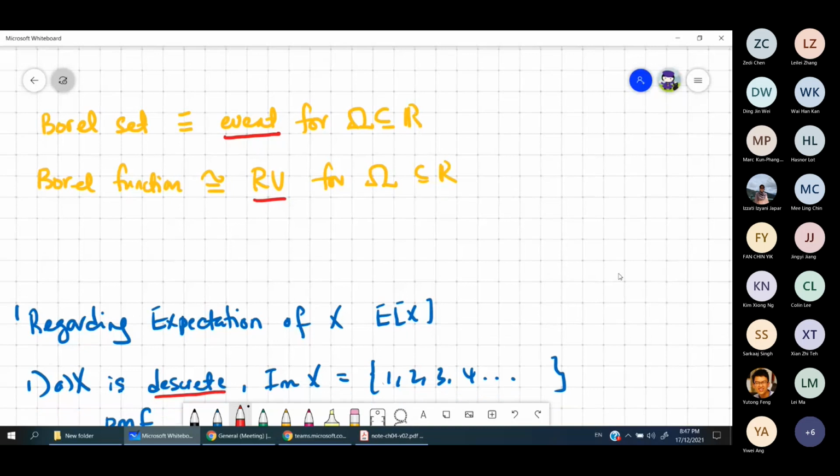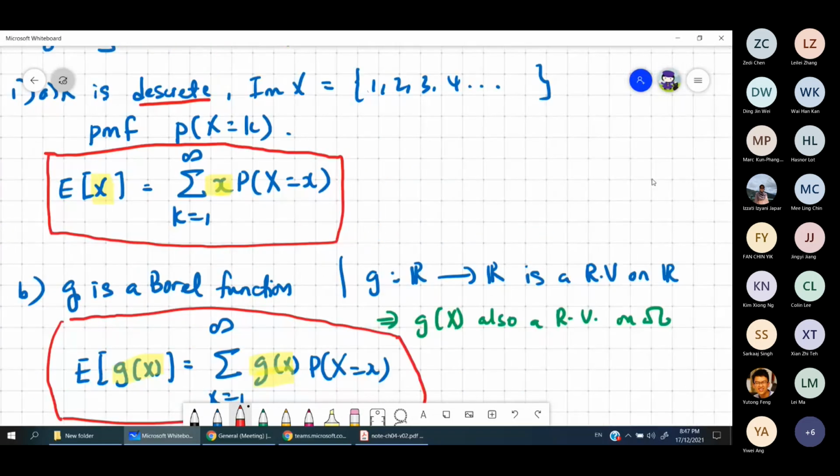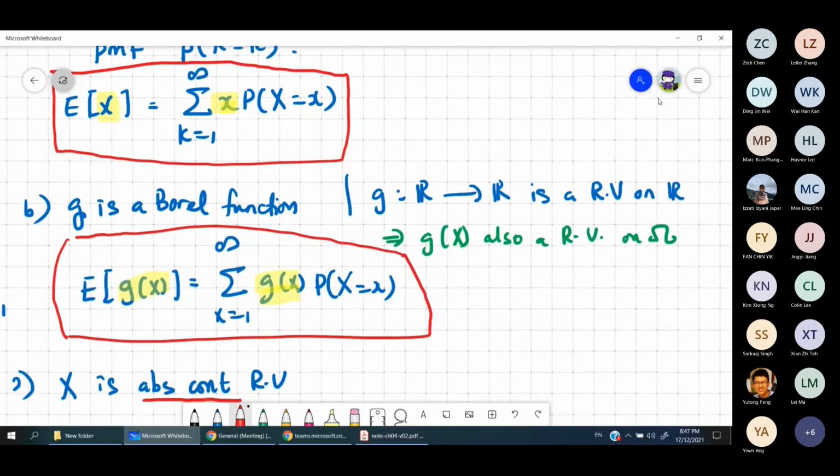The reason I mentioned Borel function is that I want to emphasize that when we talk about Borel here, omega is R. Here G of X is also one.